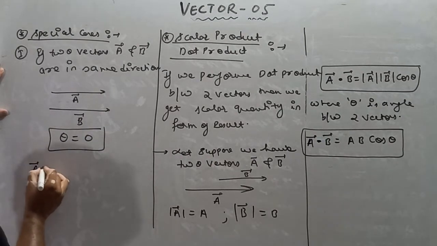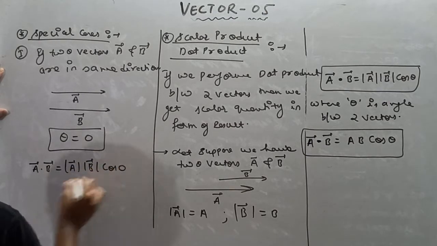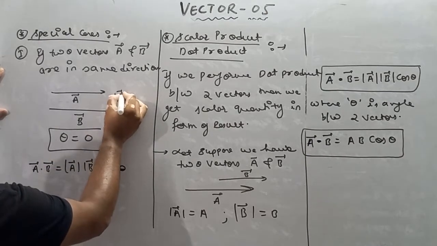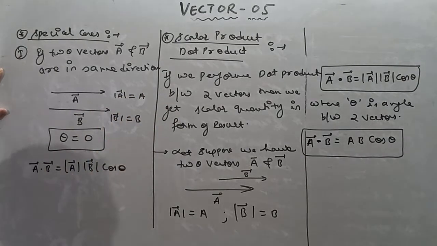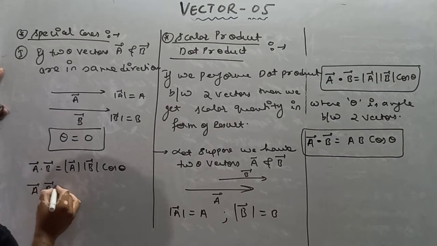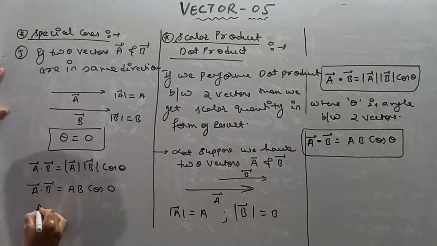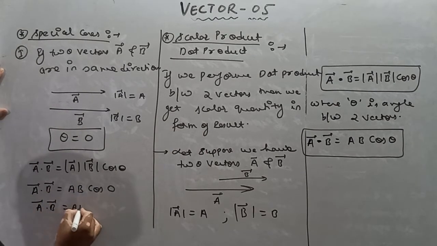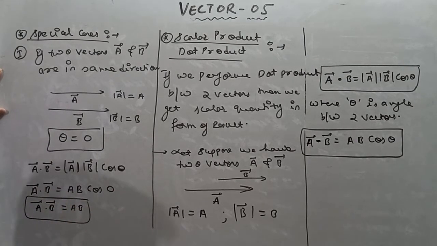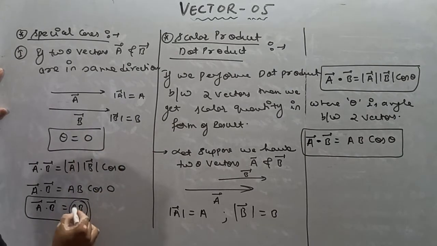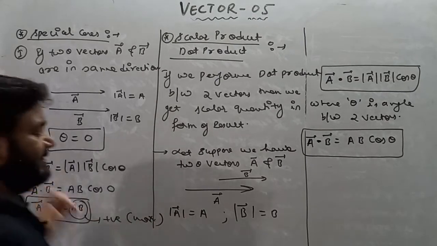So A vector dot B vector equals AB cos 0, and we know that cos 0 is 1. So A vector dot B vector equals AB. Now see, the value of dot product between two vectors in the same direction is positive. So we'll say this value is maximum.